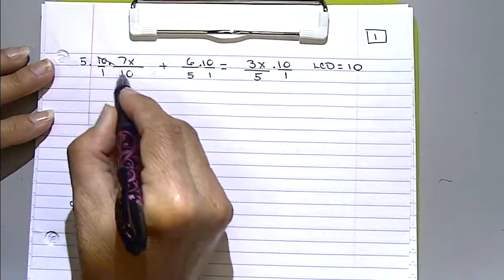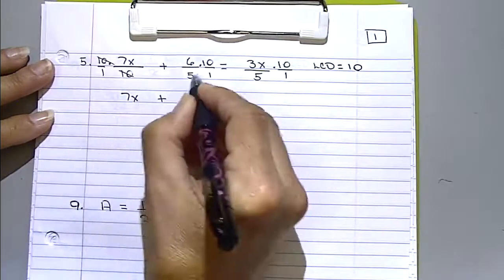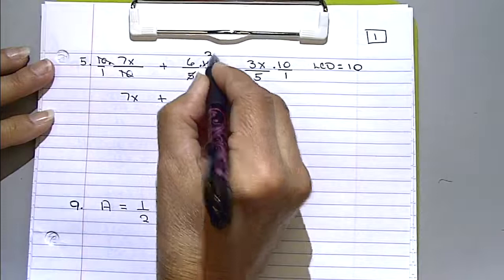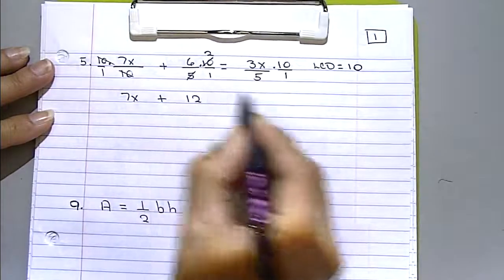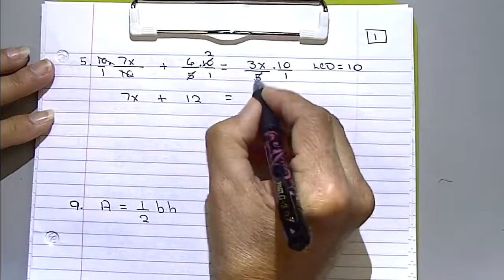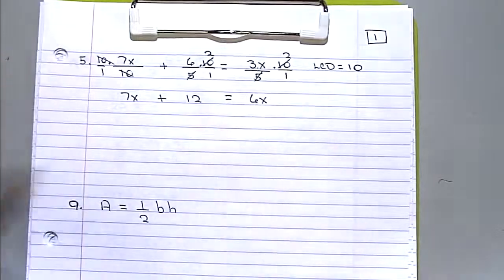Cross reduce before I multiply. Well, that's 1 times 7x, isn't it? Plus, well, this one's going to divide by 5. So that's going to be 6 times 2, which is going to be 12. And this one's going to divide by 5, and it's going to be 3x times 2. That's going to be 6x is going to be that one, okay?